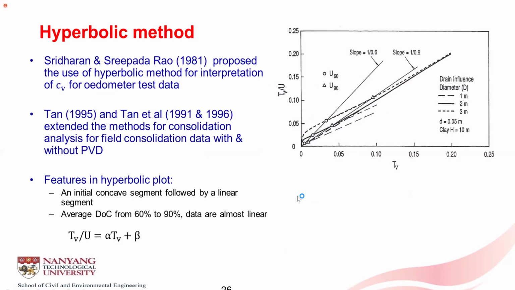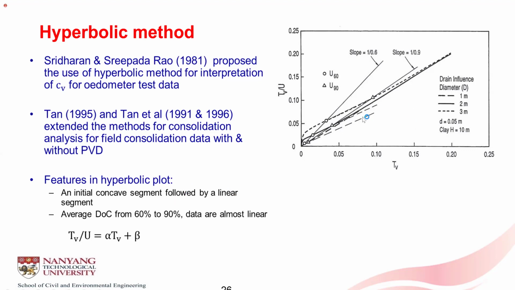The second method is the so-called hyperbolic method, and the original method was developed by two researchers from India. Subsequently, it was modified by Professor Tan from National University of Singapore.